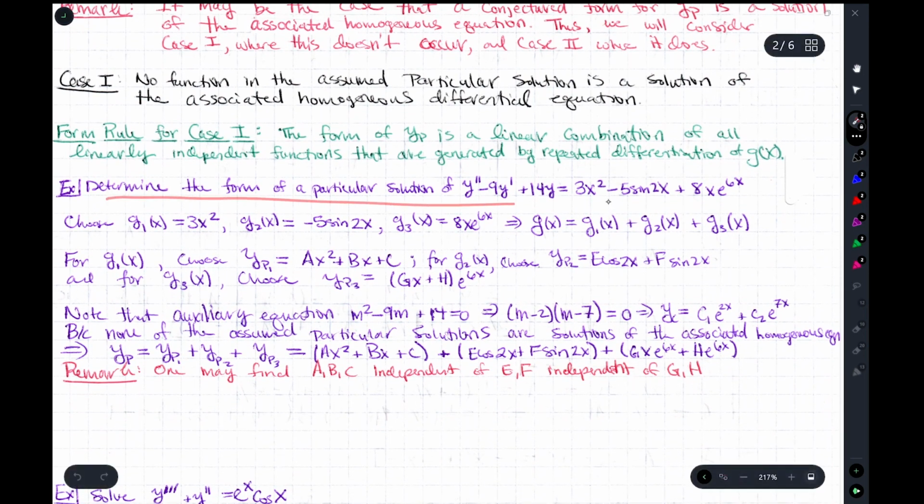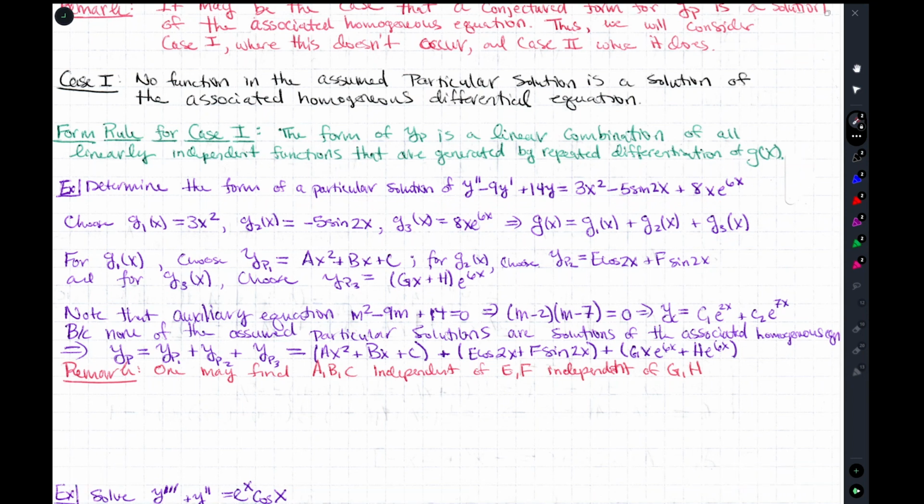So determine the form of a particular solution of the differential equation we see here. Now, previously, we solved completely the differential equation. We got a general solution, okay? Now we're just asking for the particular solution, okay? Just determining the form, right? Not actually solving the whole differential equation.